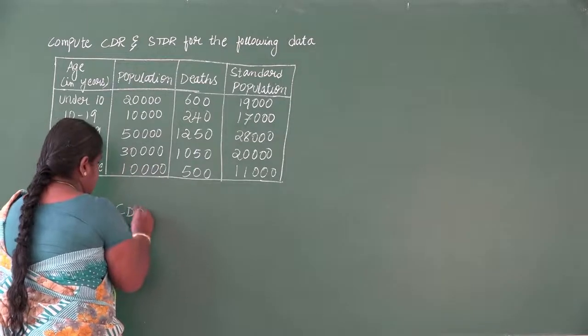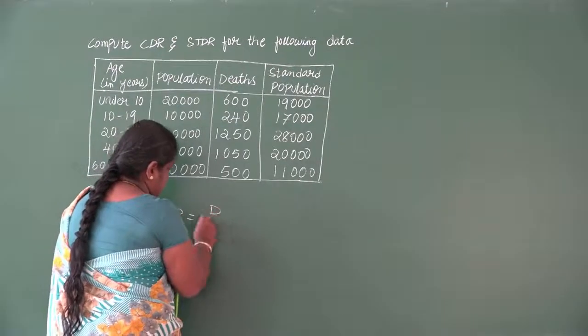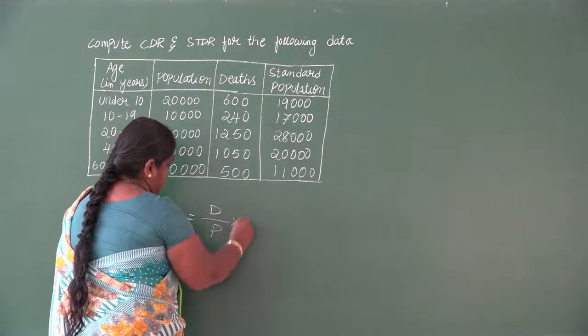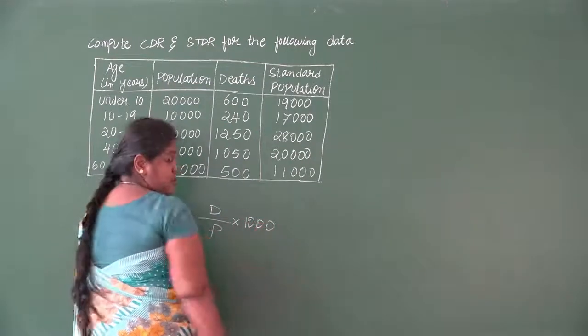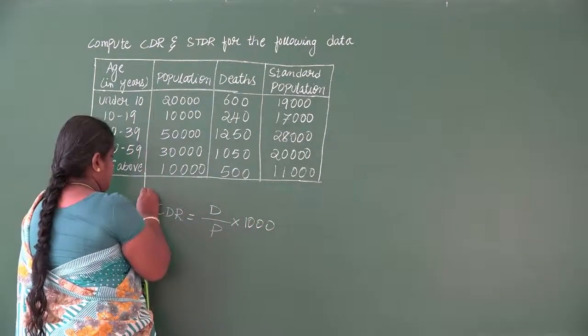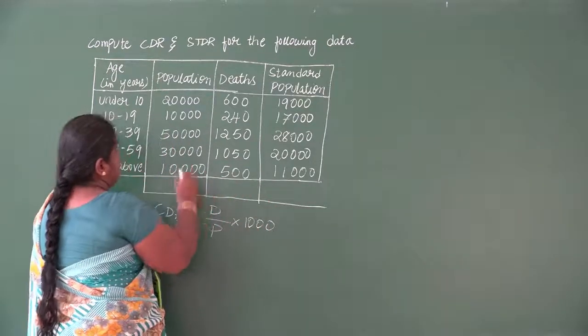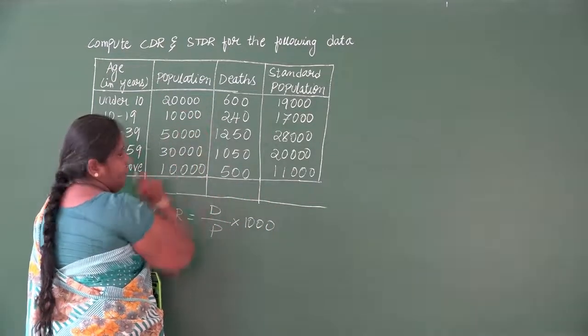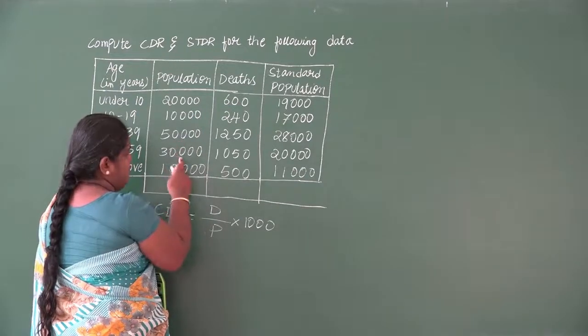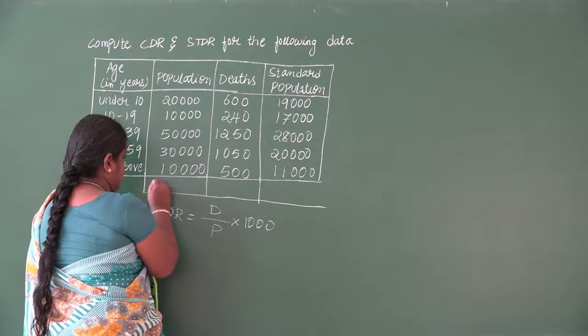For CDR, the formula is death divided by population into 1000. So we need the total of the death and the total of the population. Add that value. So population is 20,000 plus 10,000 plus 50,000 plus 30,000 plus 10,000.